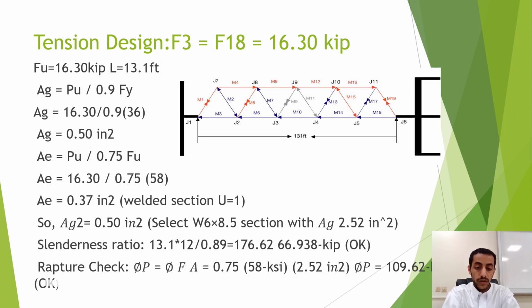Then we can select our beam, and we selected W6 x 8.5, and its cross section is 2.52, which is bigger than our gross area.